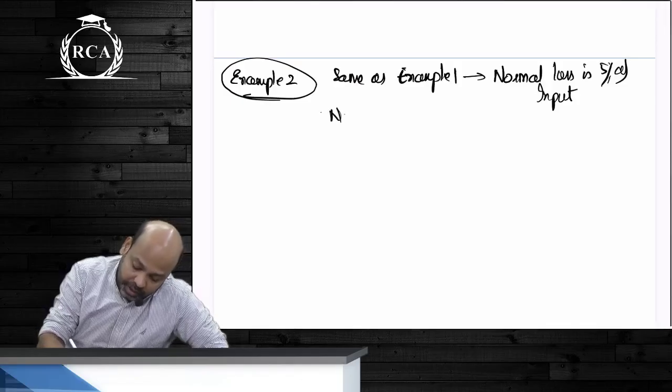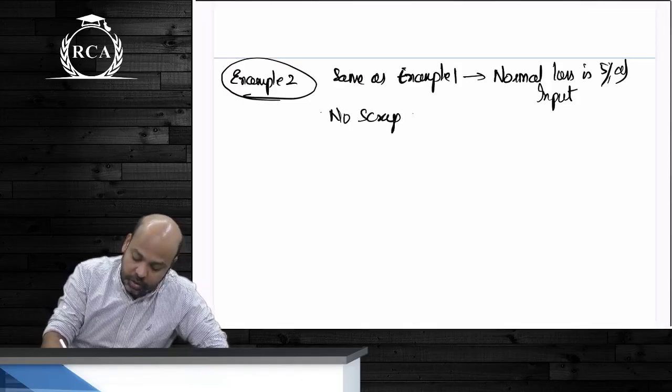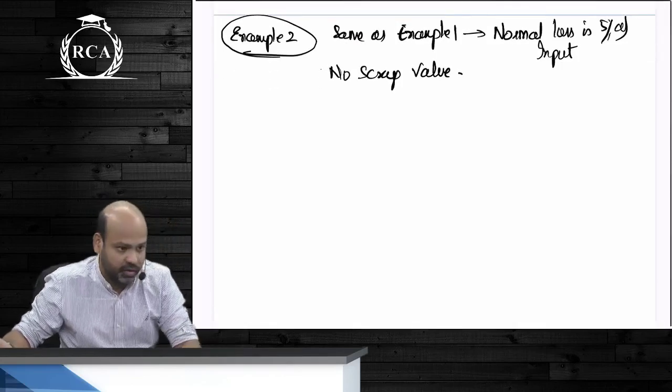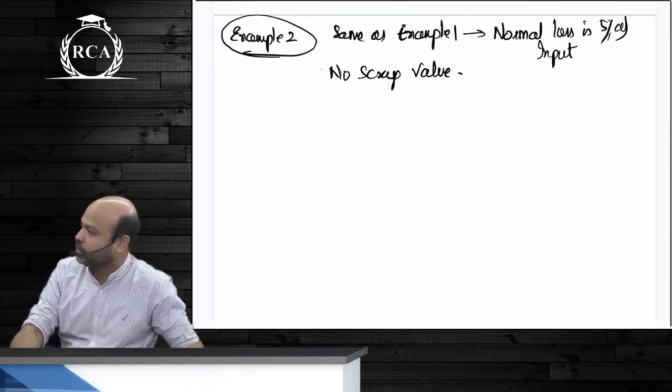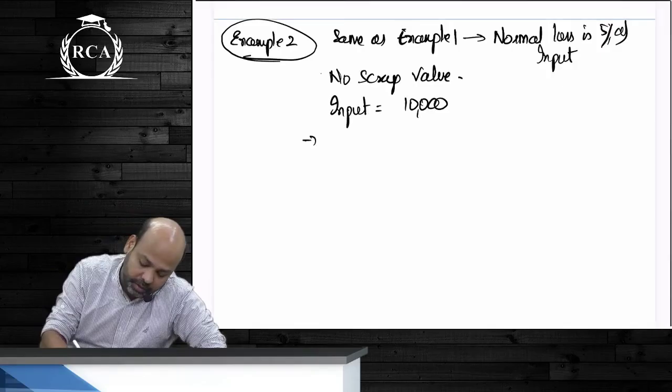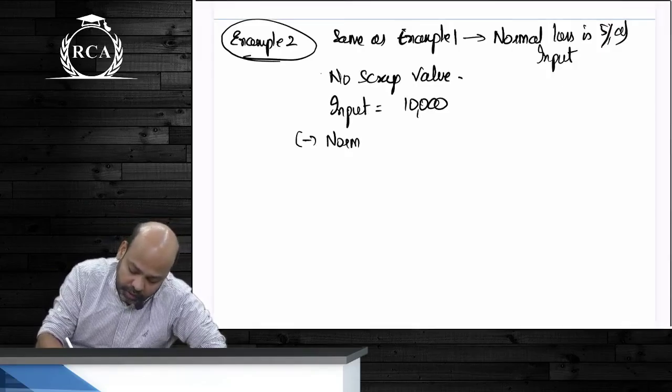No scrap value. Meaning this normal loss is not going to give us any realization, residual value, or scrap value. So if your input is 10,000 units and you're supposed to incur a loss of 5%, beta, what will be the amount of normal loss? 500 units.